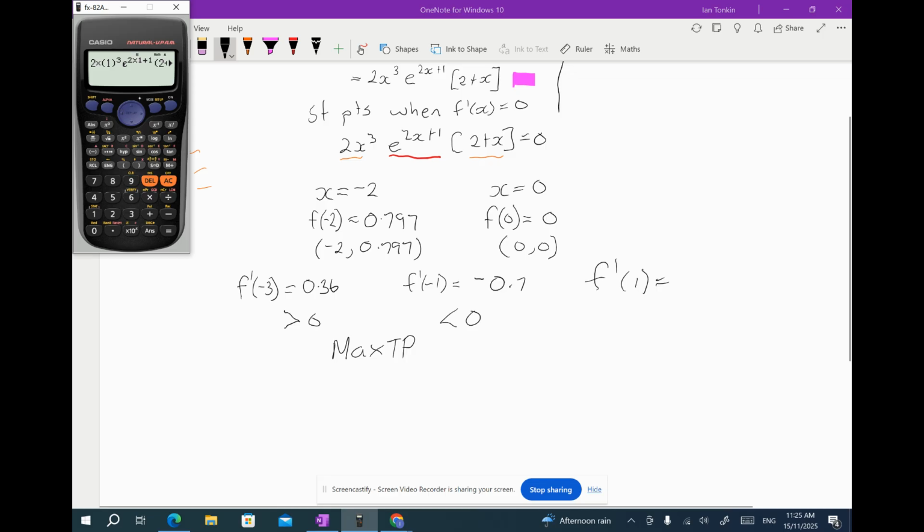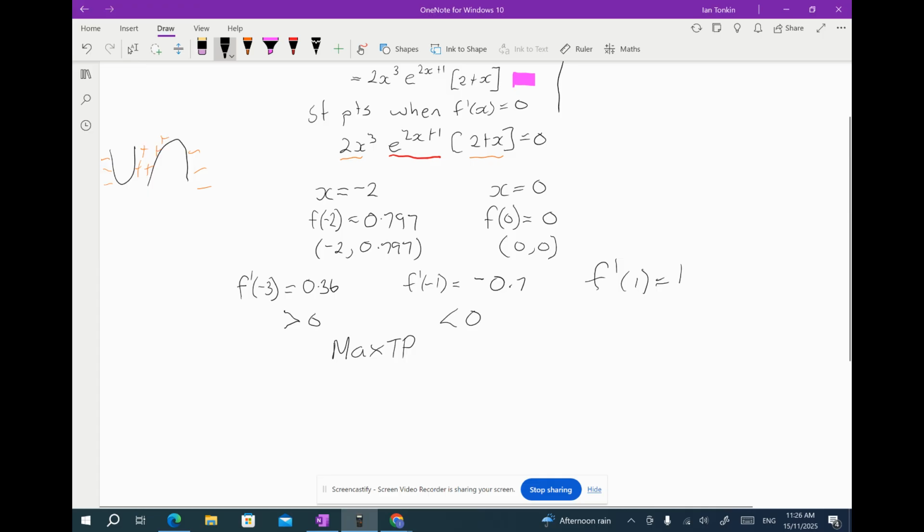I hope you're doing that with your new calculator. And 120. 120, which is greater than 0, which means it's now gone from negative to positive, which is this one. So it's a min TP. So I've found the stationary points and I've determined their nature.